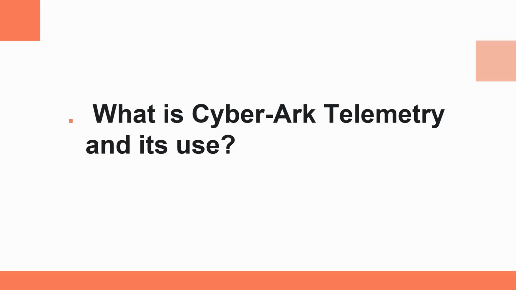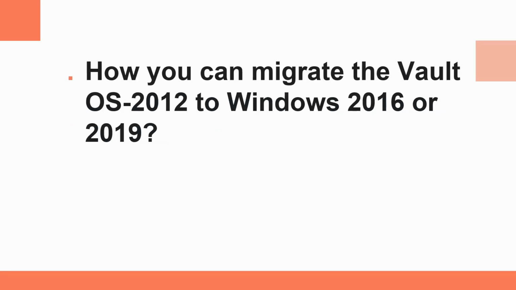Okay, moving to next. How can you migrate the Vault operating system from 2012 to Windows 2016 or 2019? Let's say you have installed the Vault machine onto the 2012 server, but Microsoft is going to remove 2012.